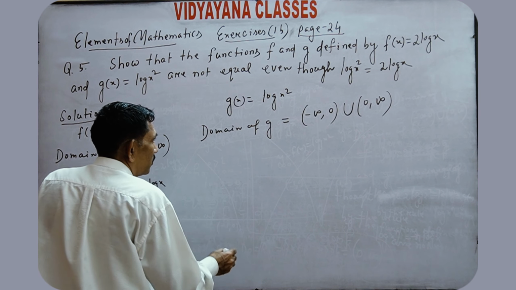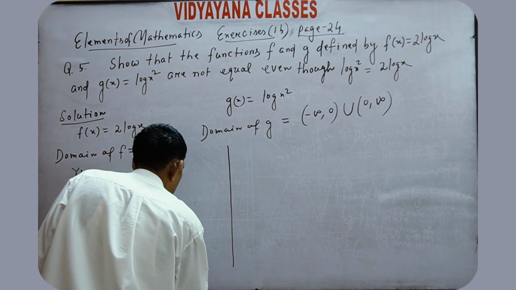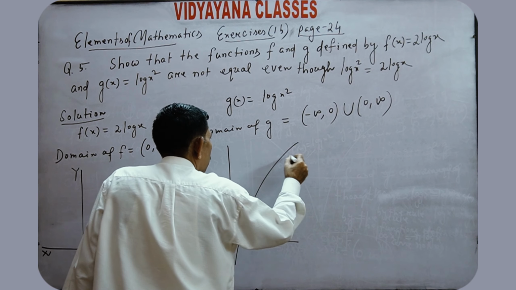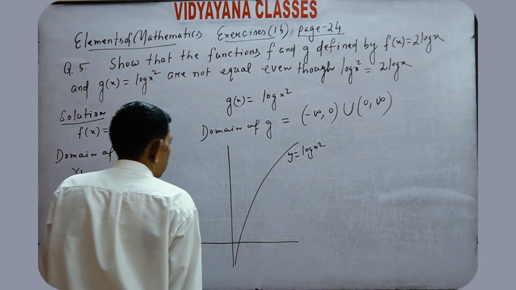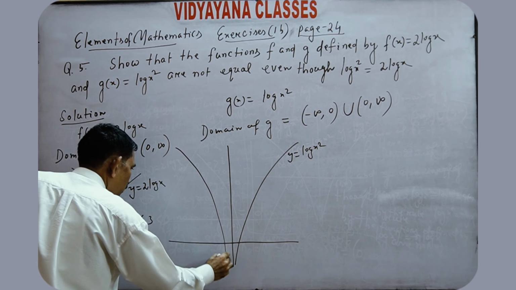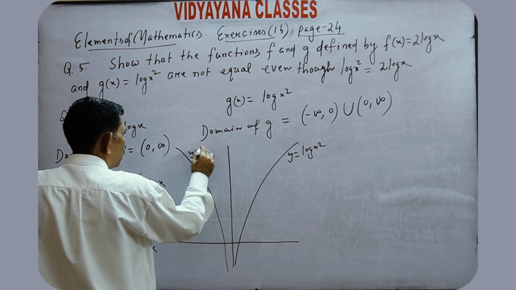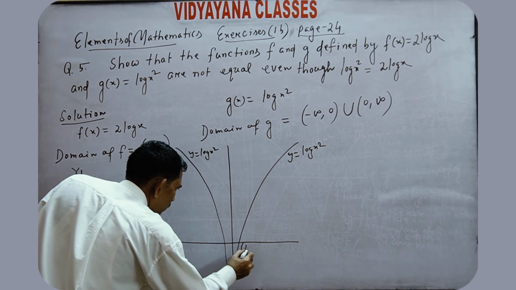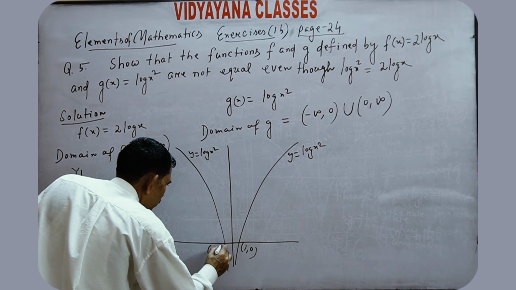The graph of this function y is equal to log x square. It meets (1, 0) and (minus 1, 0).